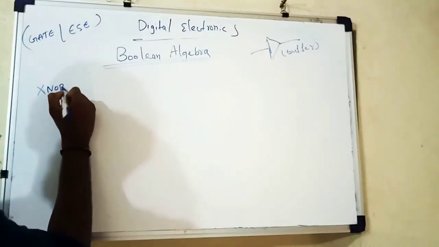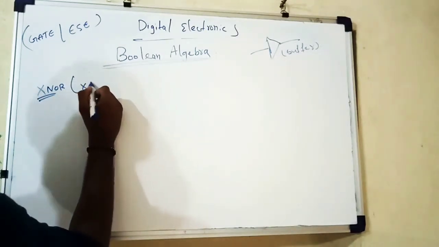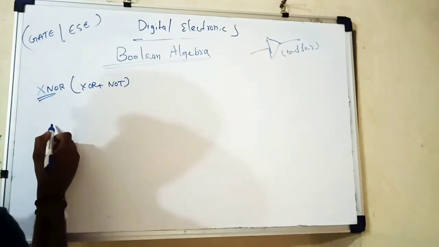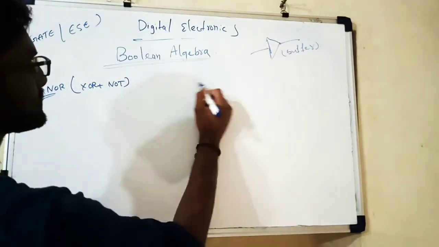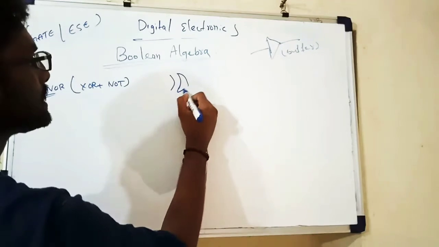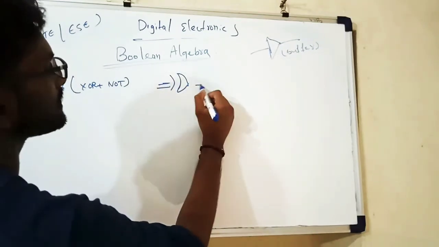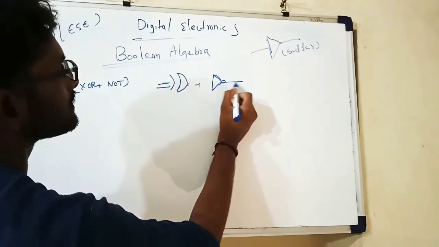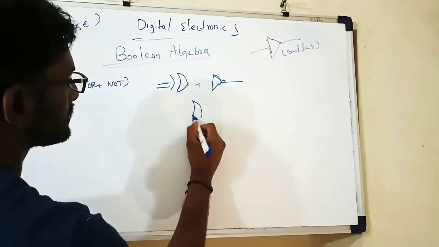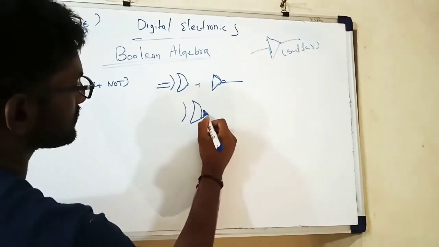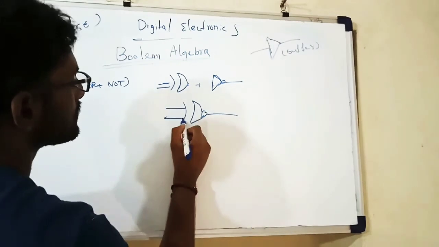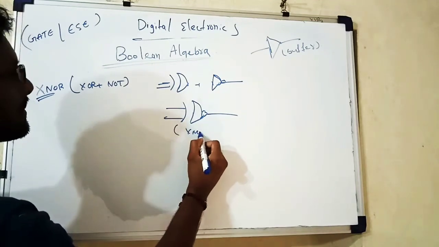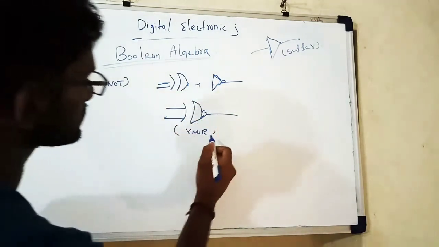This is XNOR, which is XOR plus NOT gate. The logic symbol for this is a 2 input XOR plus this NOT gate. This gives the final logic diagram as this XNOR: XOR plus NOT, which gives the XNOR.